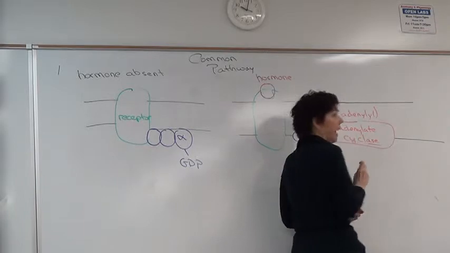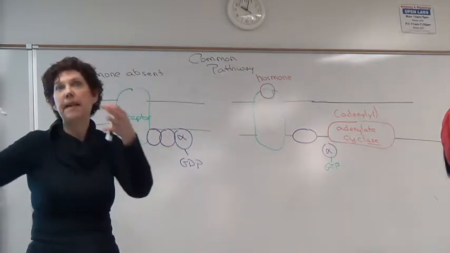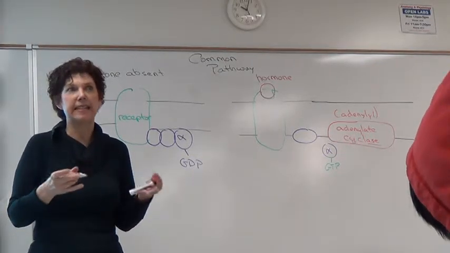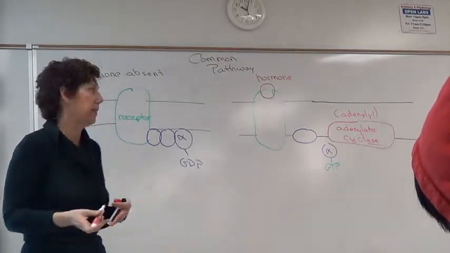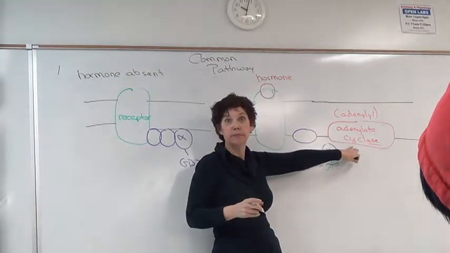Now again, remember, ASE means it's an enzyme. Not all enzymes end in ASE, but if the name of a molecule does end in ASE, then it is an enzyme. This enzyme is in its inactive form.